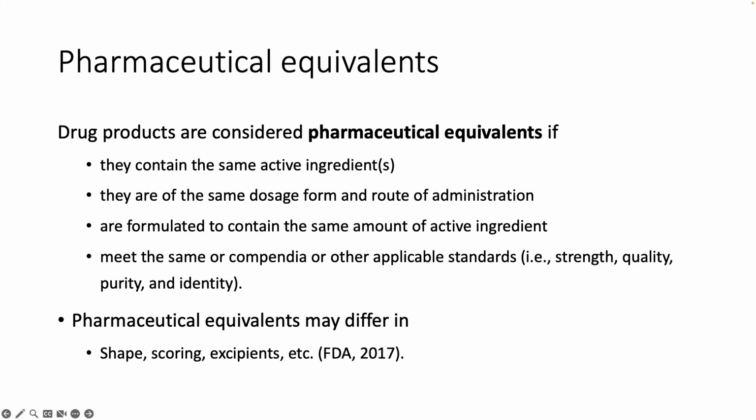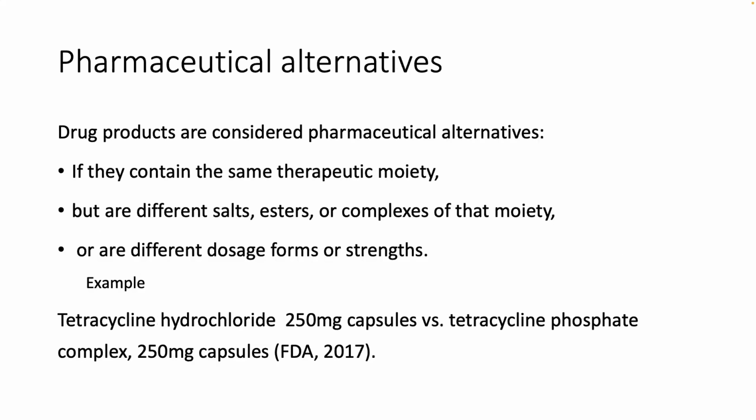Of course, as pharmacists, all of those applicable standards are in the compendia, right? Even though they may differ in shape, the way they are scored, excipients, and other things, if they are similar in all of these four forms, then we accept them as pharmaceutical equivalents, right?